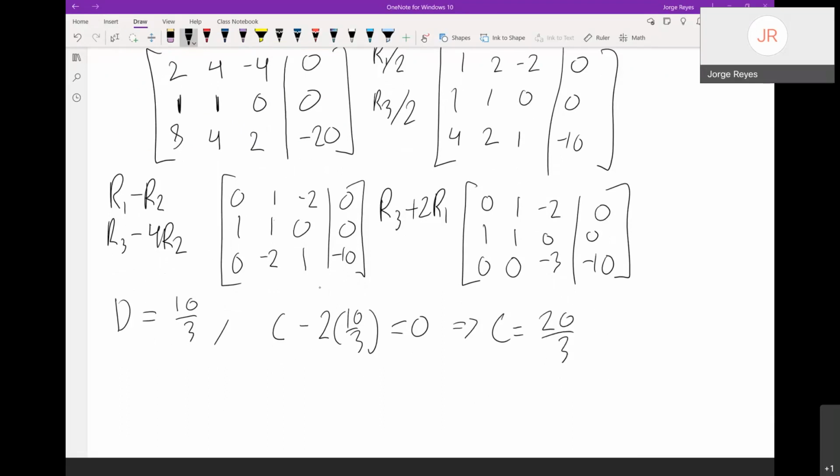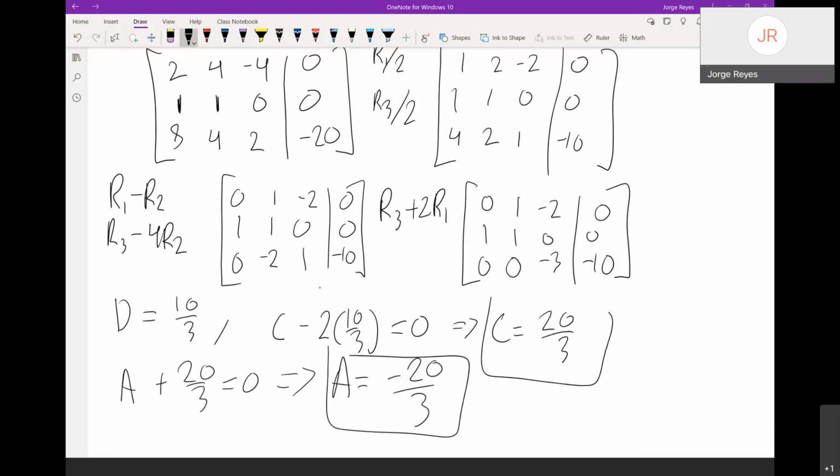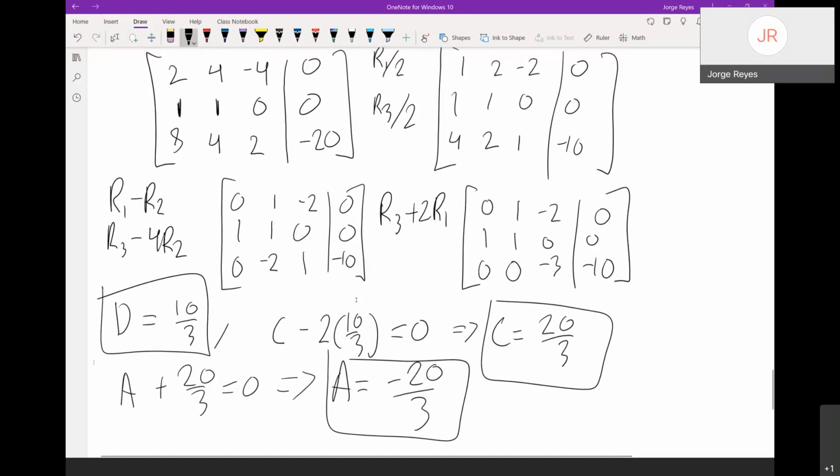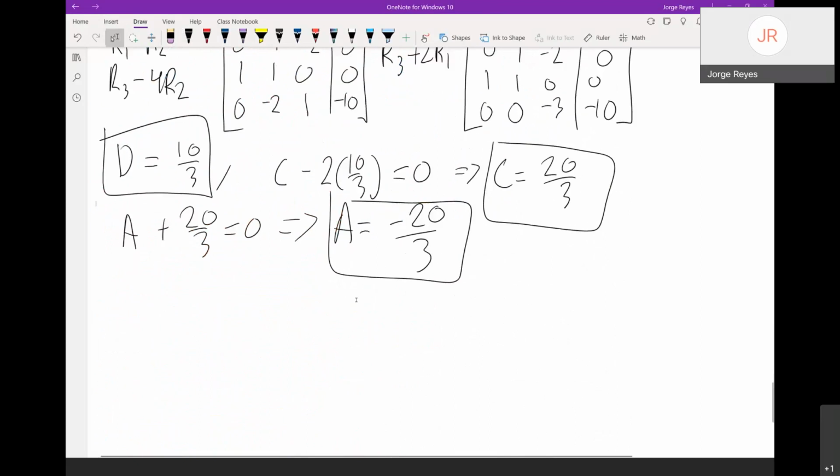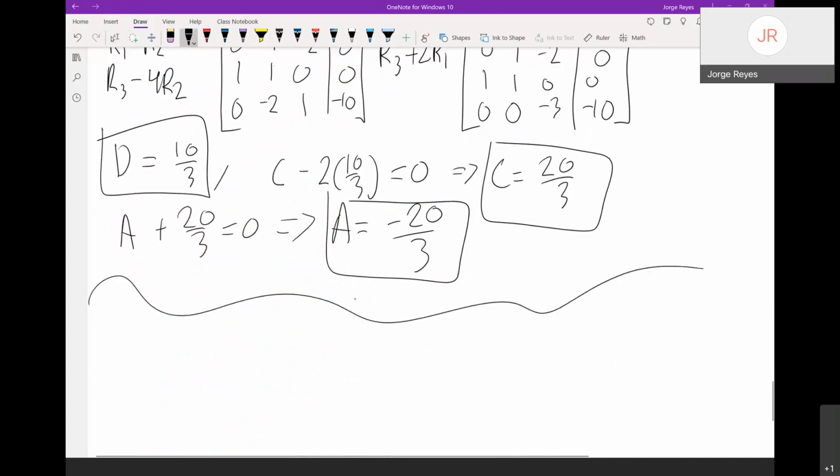And then the last one is A, well, A plus C equals 0. So that means A equals negative 20 over 3. And there you go. There are the last 3 answers. So, horrible example. But there you go.